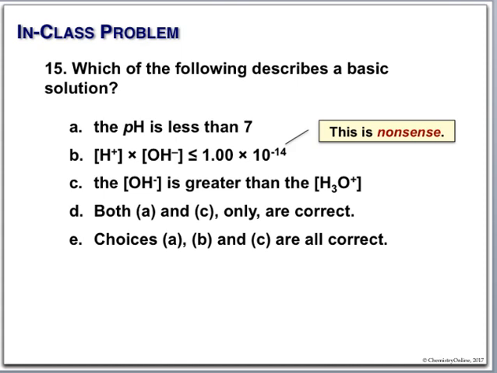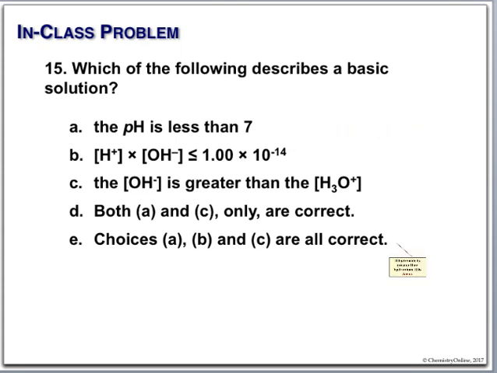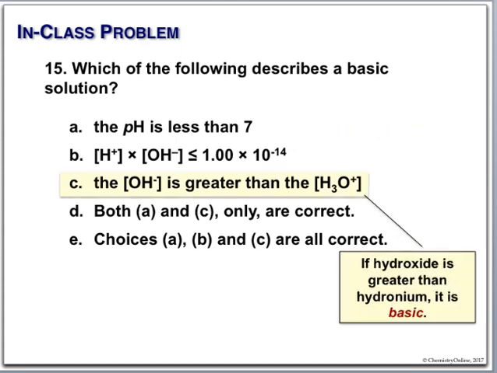If hydroxide is greater than hydronium, now what are we talking about in the basic solution? We're talking about a little bit of acid and a lot of base, right? What's the base? Hydroxide. If hydroxide is greater, it's basic. If the two are equal, it's neutral. If hydronium is greater, it's an acid. Any questions?